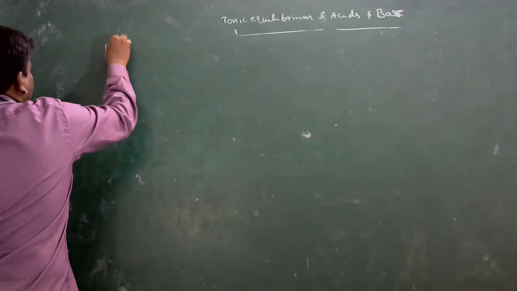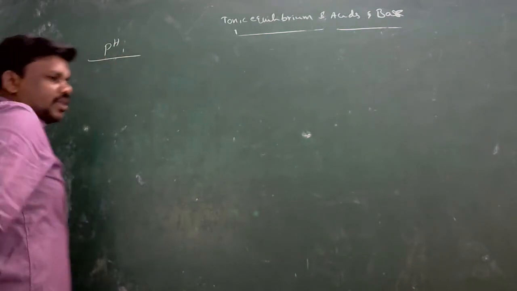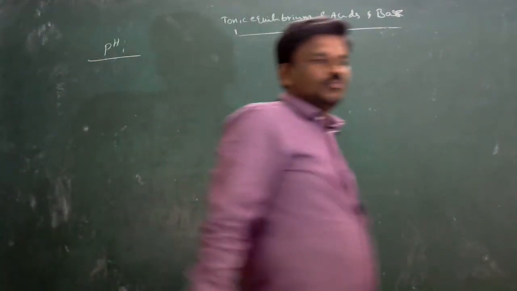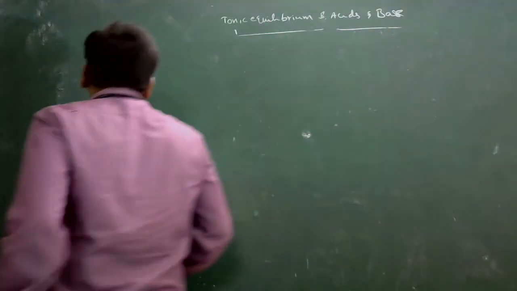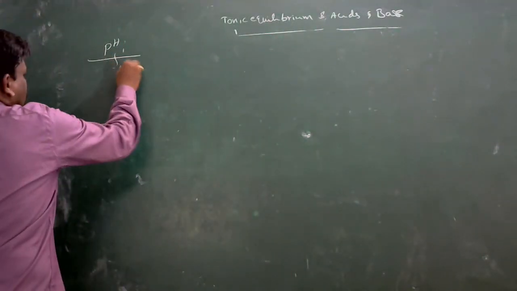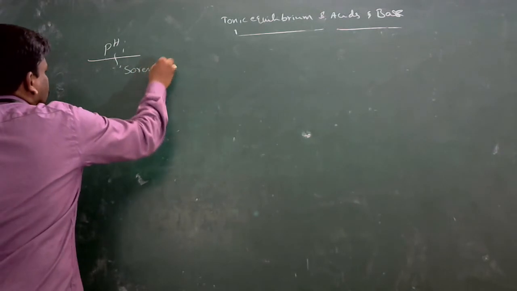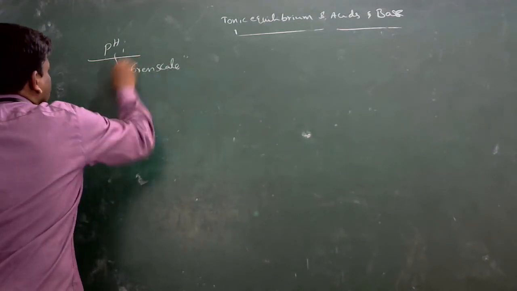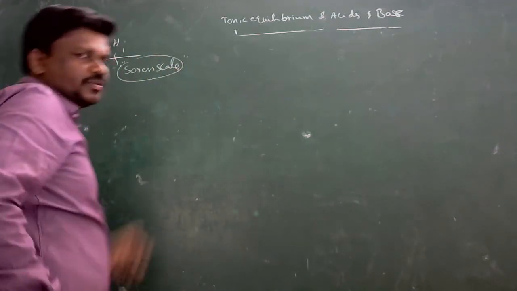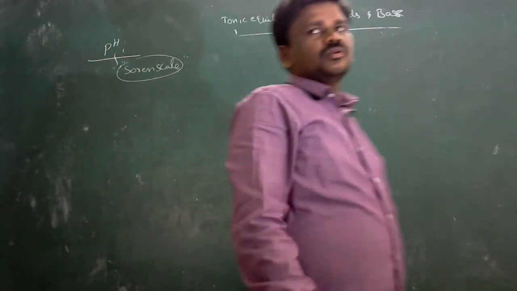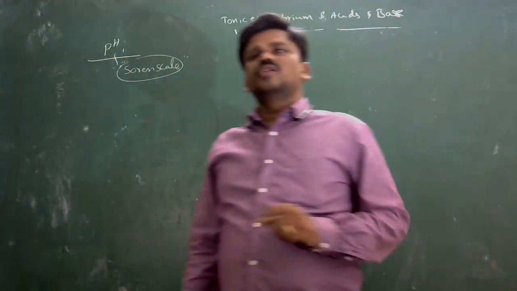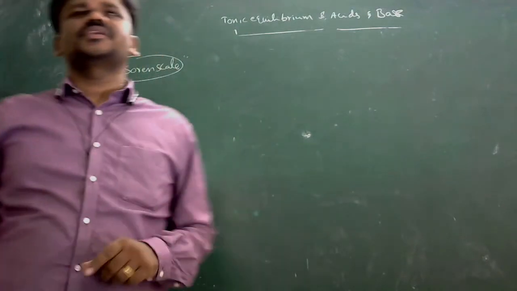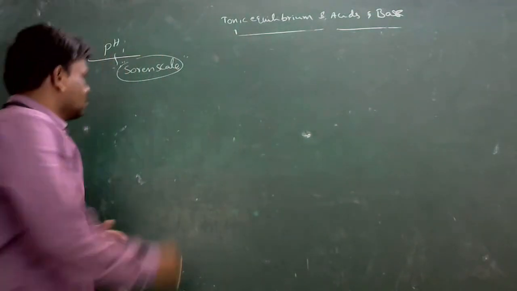And another very important topic, pH. The pH scale was proposed by Sorensen. The negative logarithm of the H plus ion concentration gives pH.